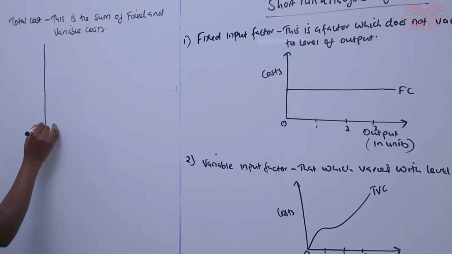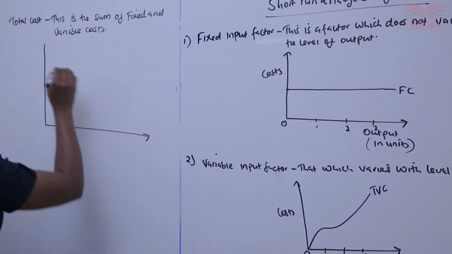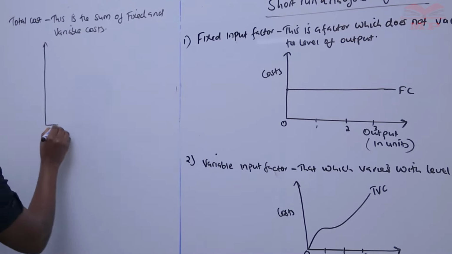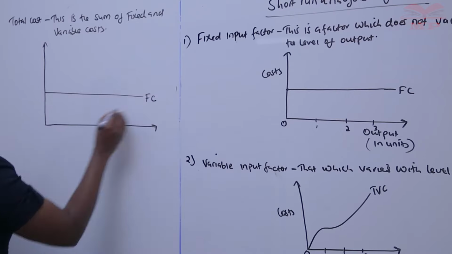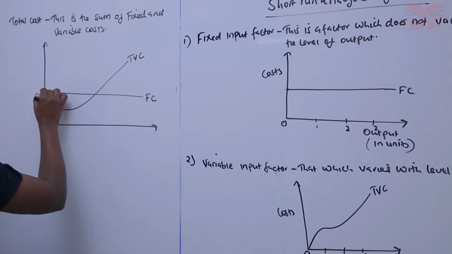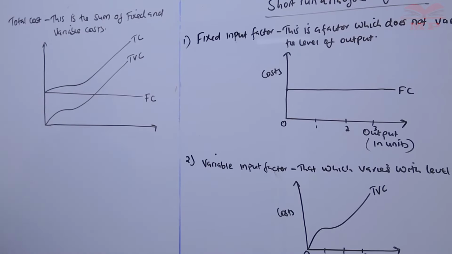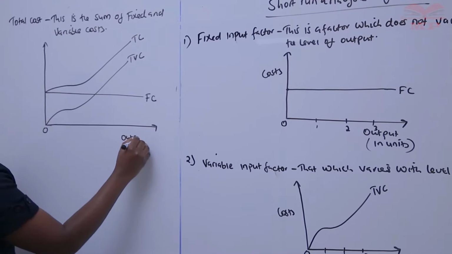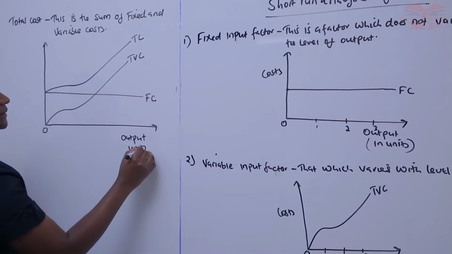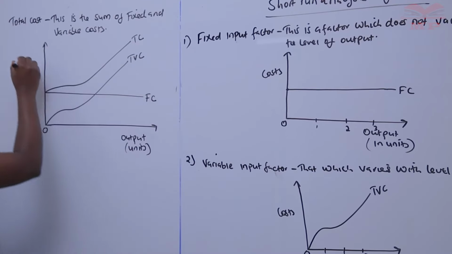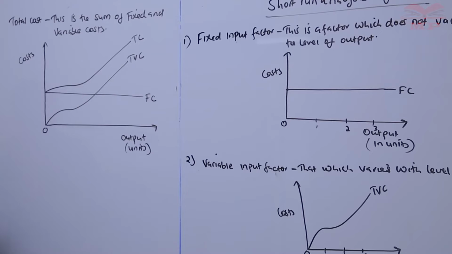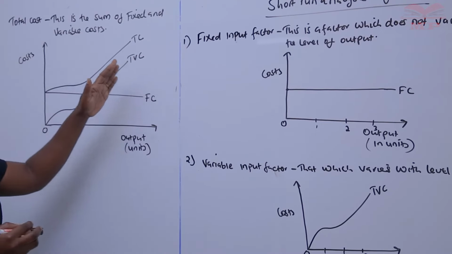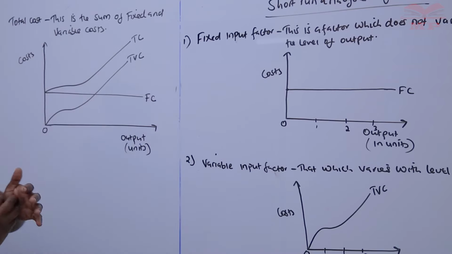This is how we represent a total cost. So we have 0. This is output level, which is in units, and then we have cost. So the costs here are fixed costs, total variable cost, and total cost.